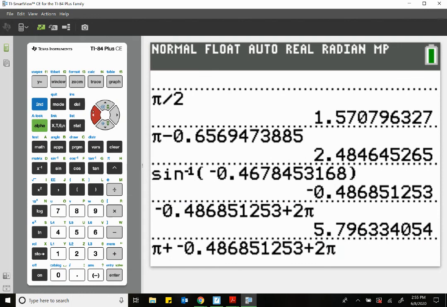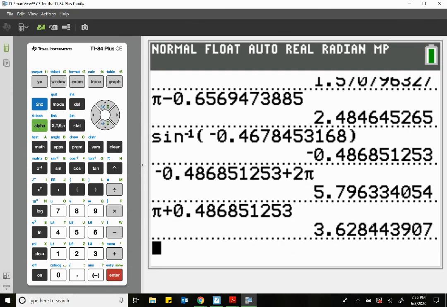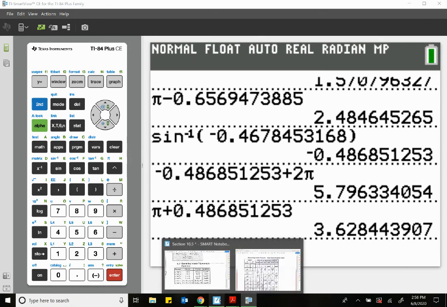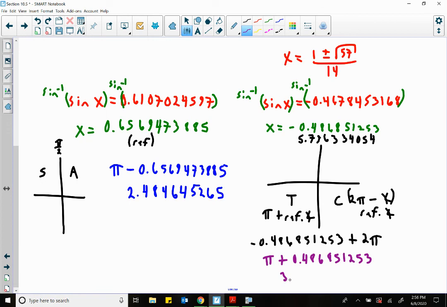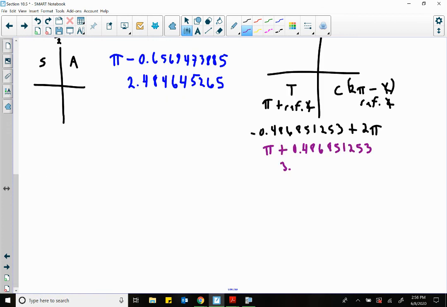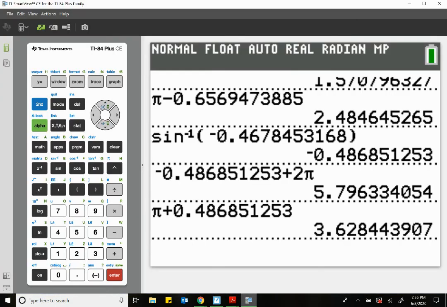I got a little bit of extra information I don't really need, so just delete that stuff off. I'm going to delete that negative sign. And there's that reference angle that I was talking about, and there's the other angle, 3.62844.